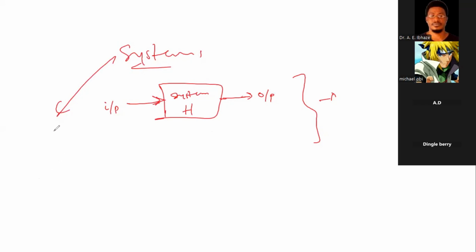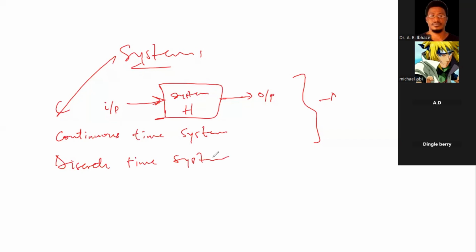Because if we have a continuous time signal, obviously we want to have a continuous time system operating on that continuous time signal. Now, if we have a discrete time signal, we want to have a discrete time system operating on the discrete time signal. So we also have continuous time system, and we also have discrete time system.